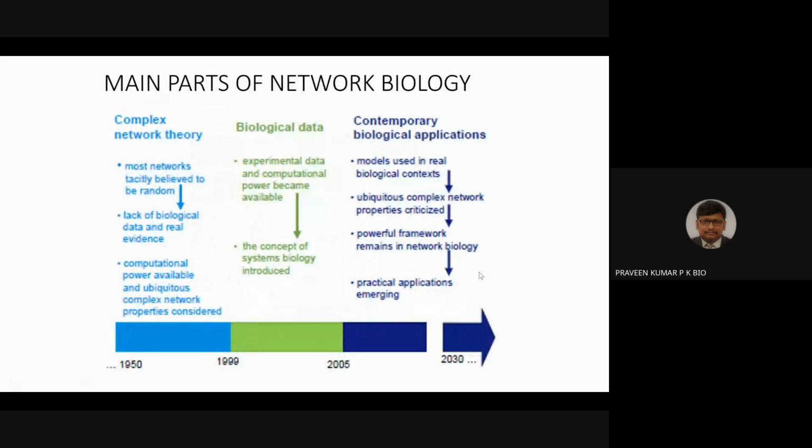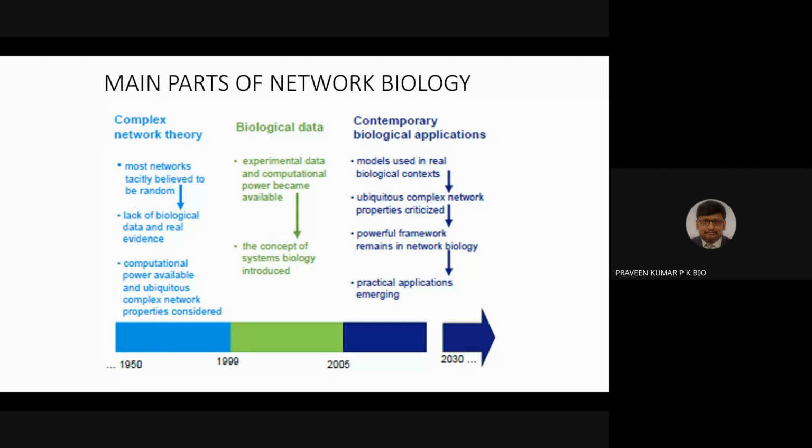I told you about the bioinformatics era, especially network biology: from 1950 to 1999, we had just complex network theory. We did not have much computational power, so we were not aware of networks. We did not know anything about DNA-protein networks or protein networks, and we had very poor databases at that time.